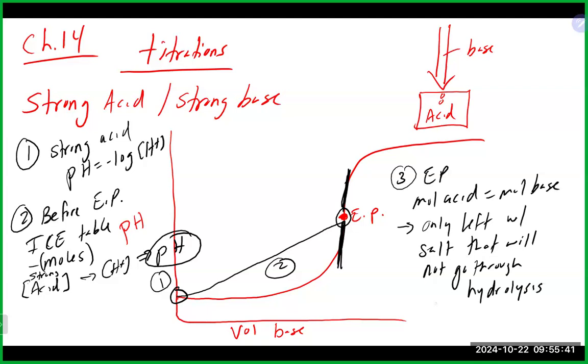The pH in this type of titration should be 7 at the equivalence point. Obviously, all the acid that you started with gets used up, and all the base that you added gets used up.